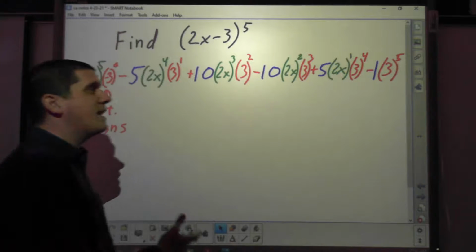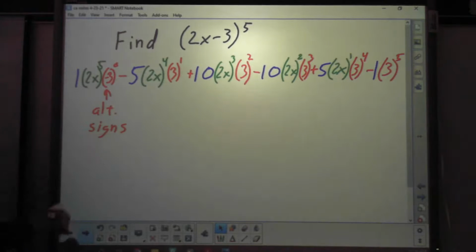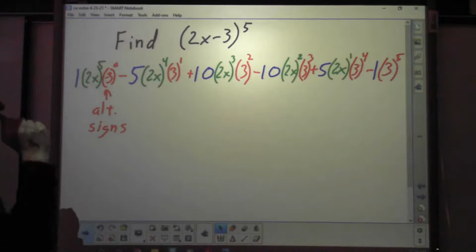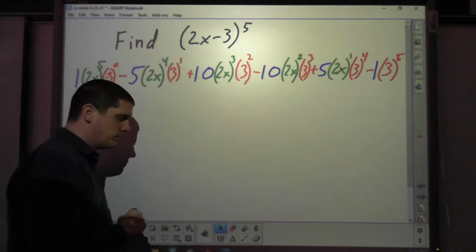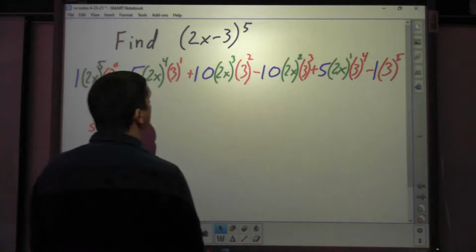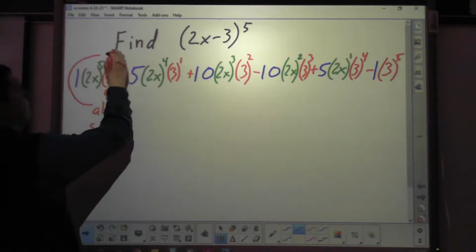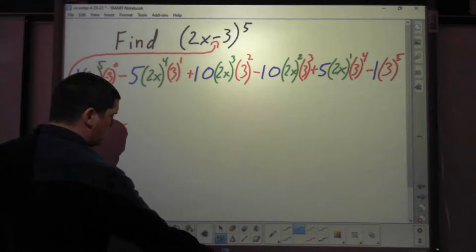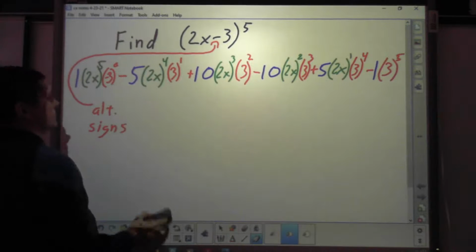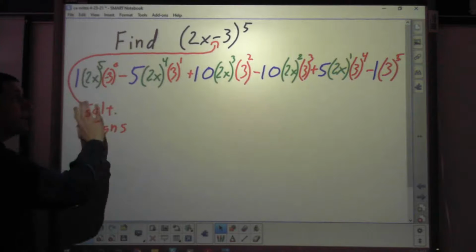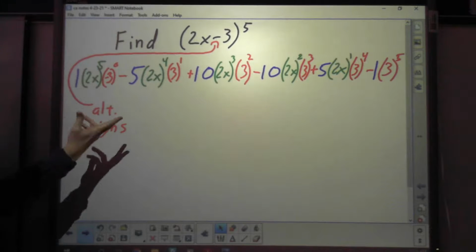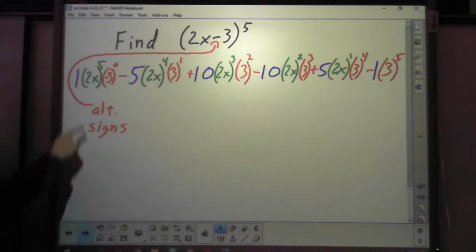Because I'm going to take care of the signs right away, I know that there's alternating signs. Really, I should have drawn that's where the arrow should be. So, again, you can put the negative in there and then deal with it that way, but I think this is just easier. Now I just need to do this math.